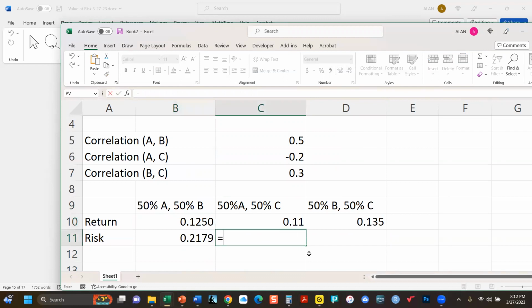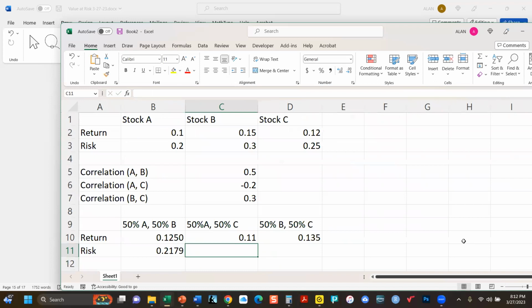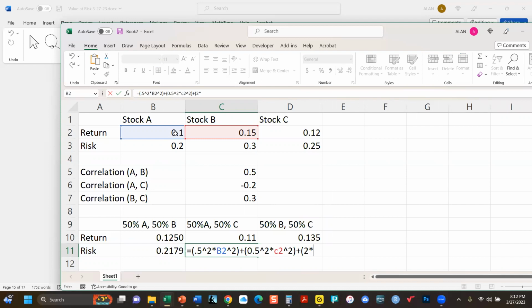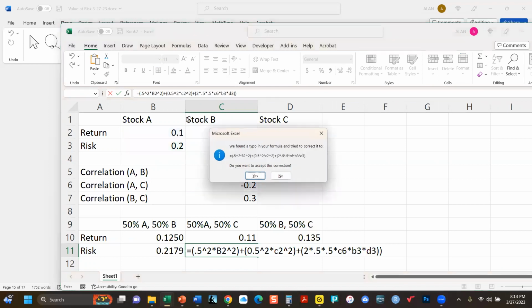Now for this one, oh, I think I may have done something wrong here.